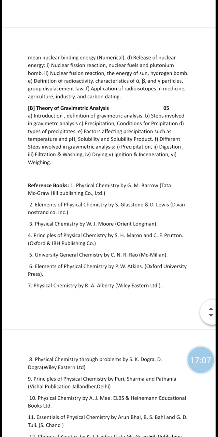So, we will see what is meant by radioactivity, what are the characteristics of alpha, beta and gamma particles, and after that we will see the group displacement law and applications of radioisotopes in medicine, agriculture, industry and carbon dating.